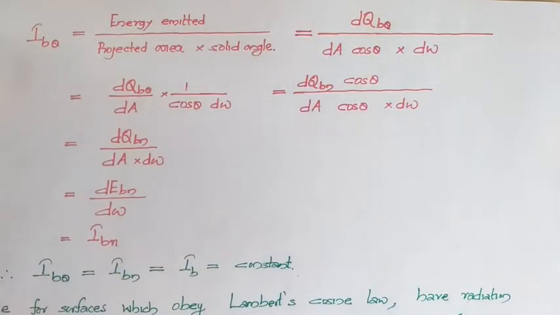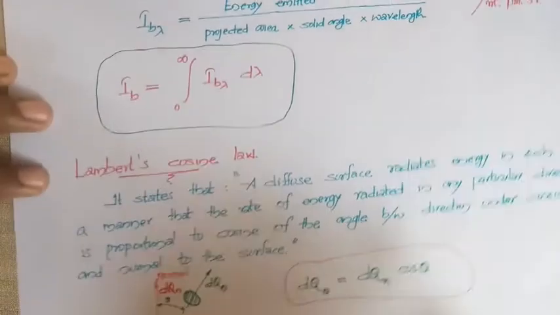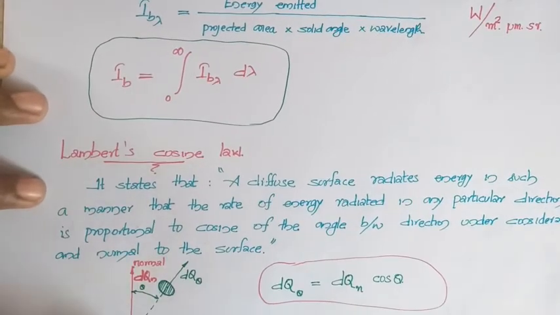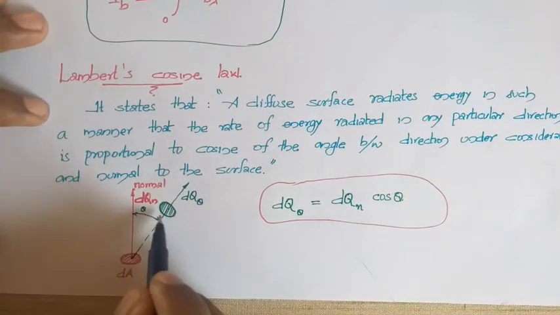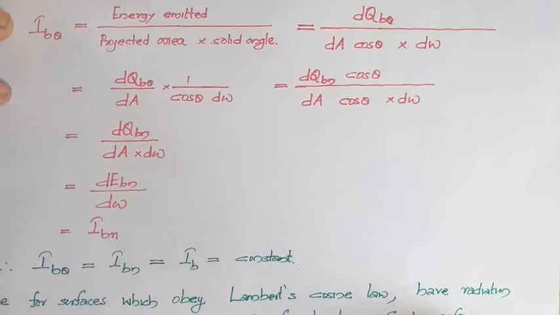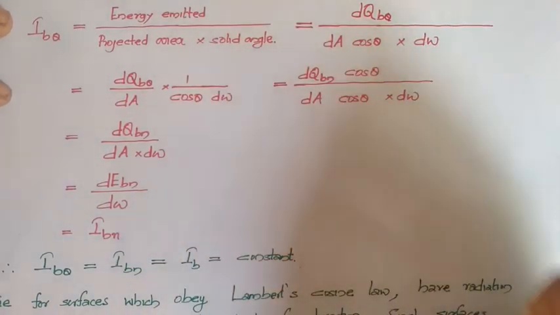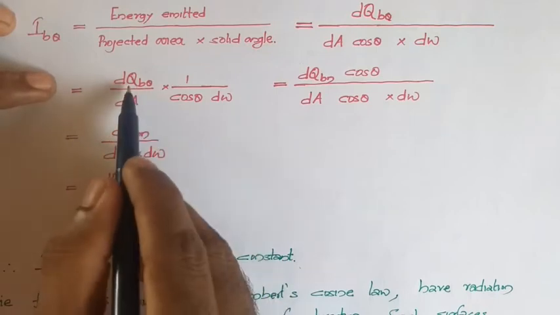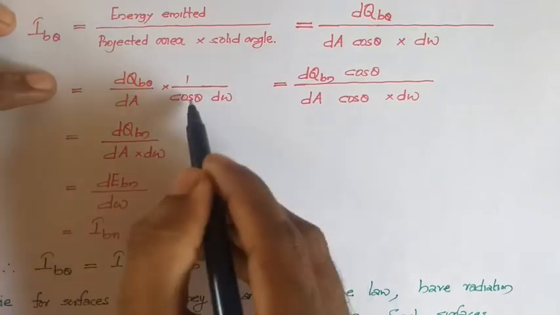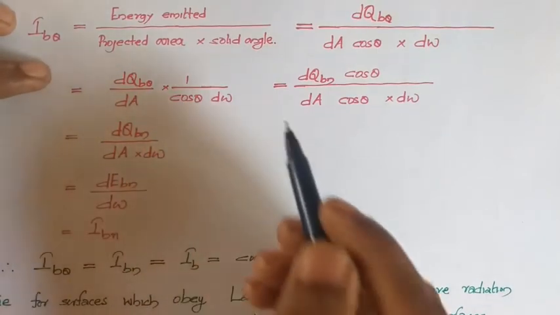The projected area is here the area dA whose normal is in this direction. If I am taking a direction at an angle theta, then the projected area in this direction will be dA cos theta, into the solid angle, which I am writing as d omega. So it is dq_b,theta by dA, into 1 by cos theta, into d omega in the denominator.